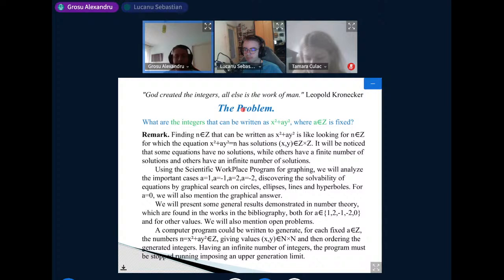The problem: what are the integers that can be written as x squared plus a y squared, where the integer a is fixed? Remark.